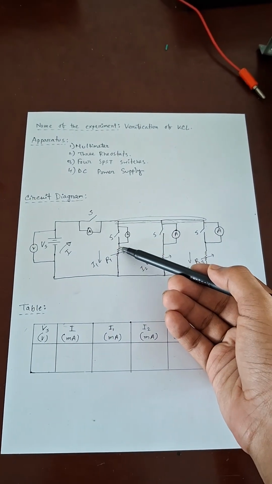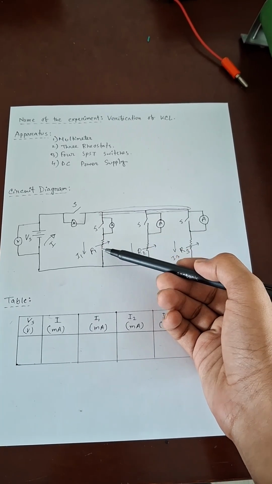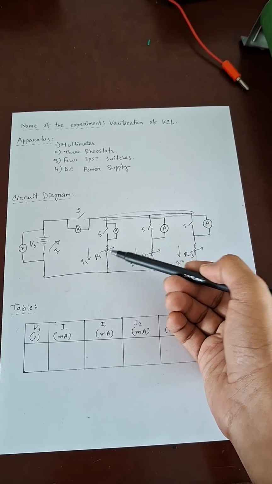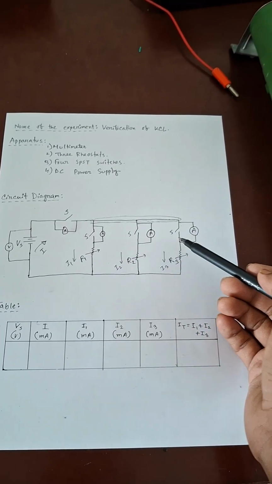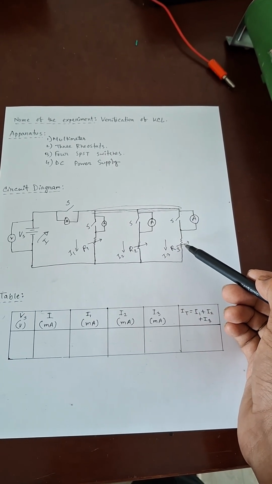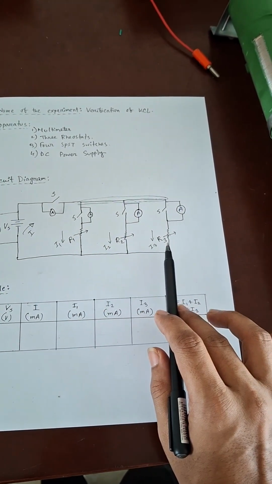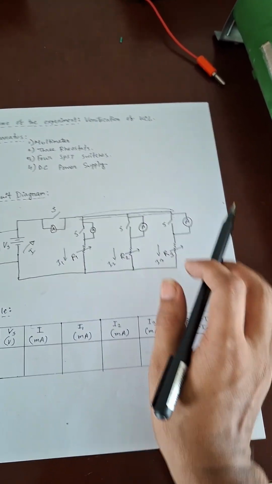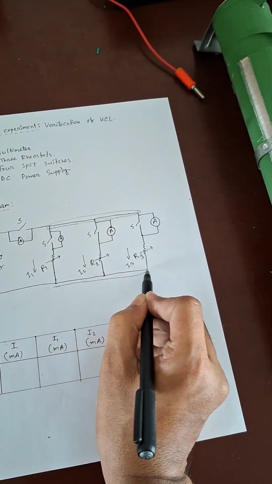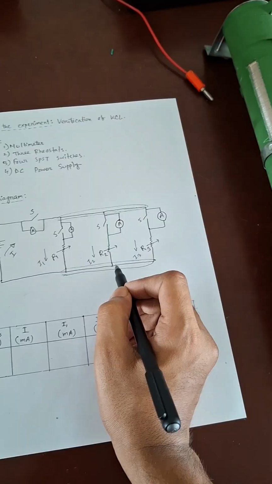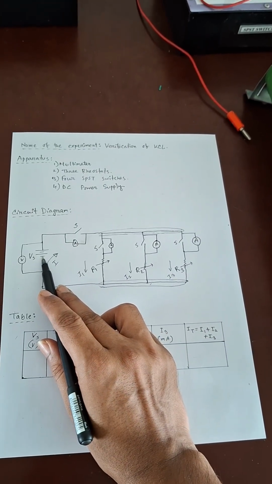Then we connect the throws of the SPST switches, the other side of each, to rheostat 1, rheostat 2, and rheostat 3, and the other sides of each rheostat are connected to one common point. We can mark it here as a node. This common point is connected to the negative of our voltage supply.